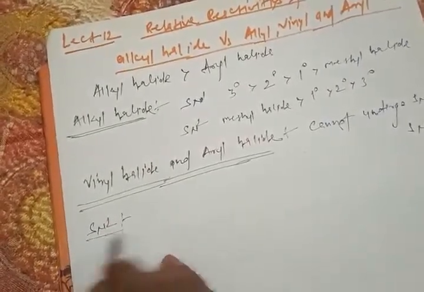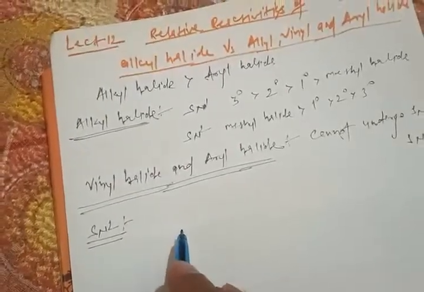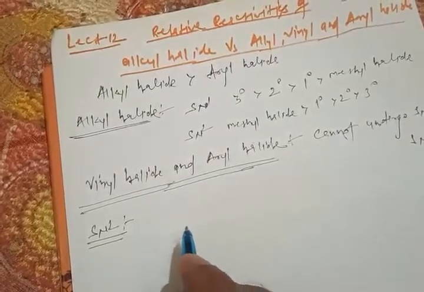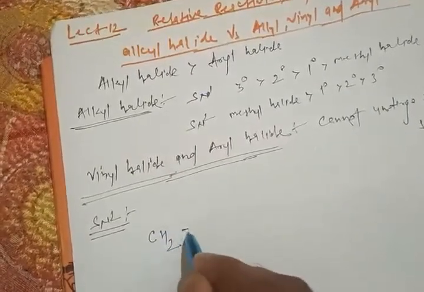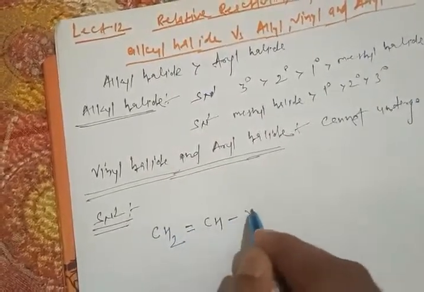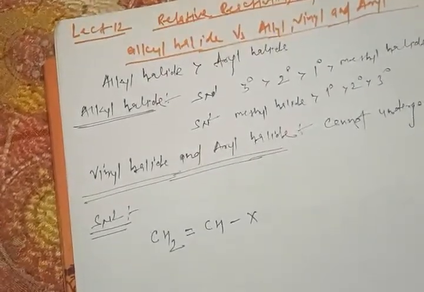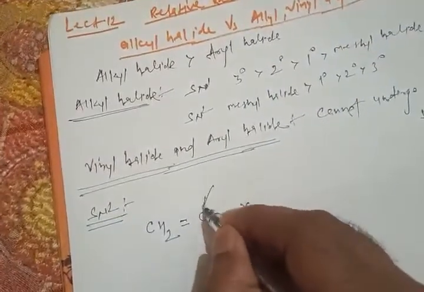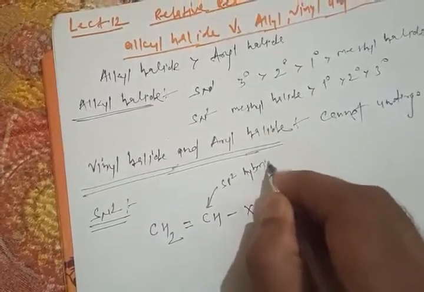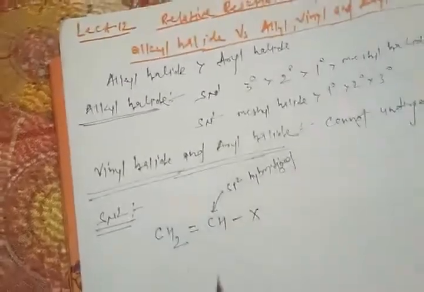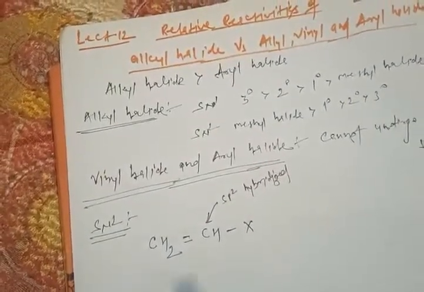Okay, in case of SN2, see what happens. For vinyl, we know that vinyl is CH2 double bond CH and X. This carbon is sp2 hybridized, which means it is planar. So attack of nucleophile can be done from both sides.